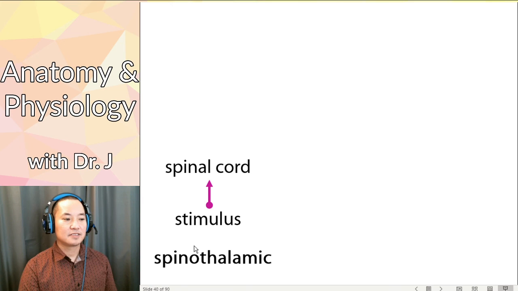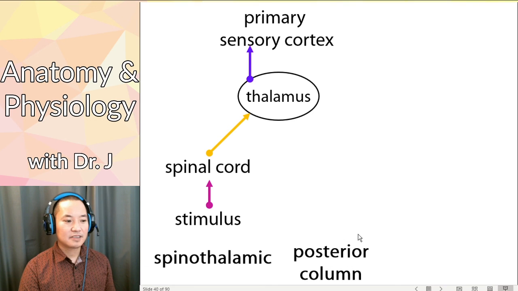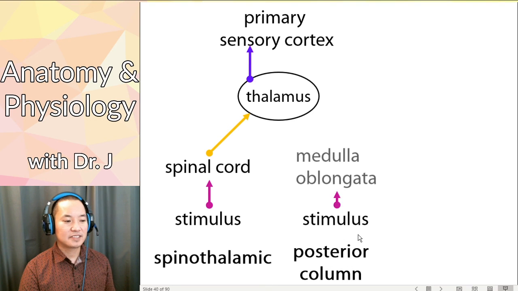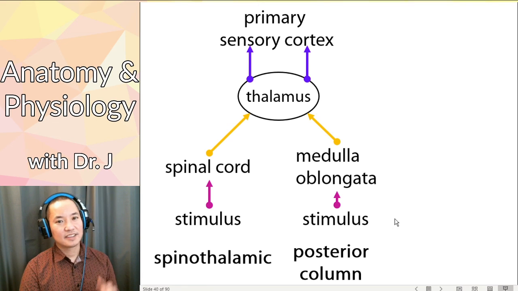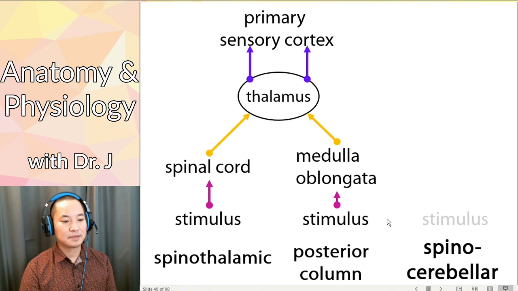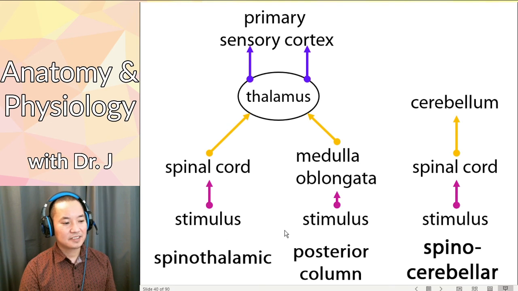So stimulus to the spinal cord, up to the thalamus, that relays it to the primary somatosensory cortex. Posterior column, similar, but instead of synapsing at the spinal cord, it goes up to the medulla oblongata, still goes to the thalamus, and then goes to the primary sensory cortex. And the spinocerebellar, pretty simple. You just go from stimulus to the spinal cord to the cerebellum. So again, they're all ascending pathways. They're all going up.